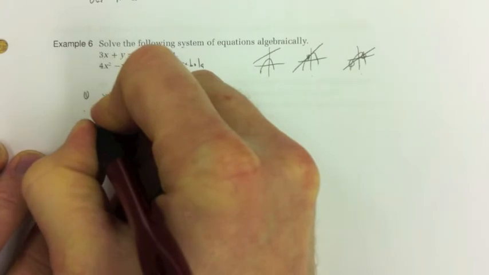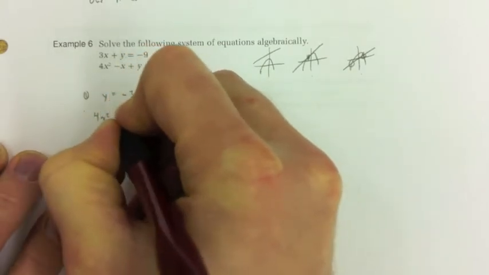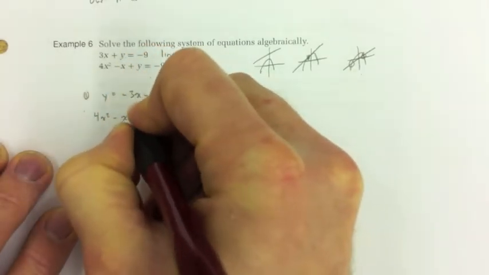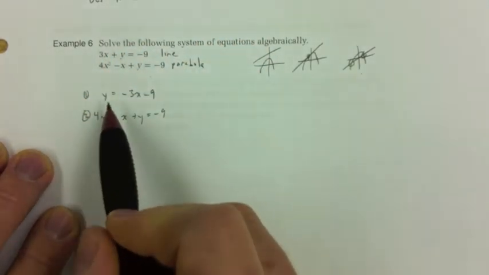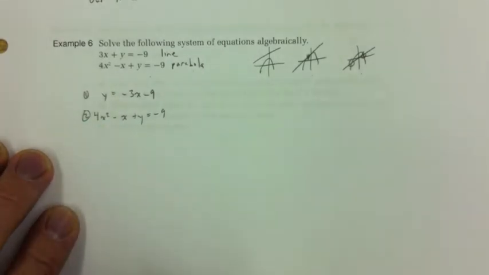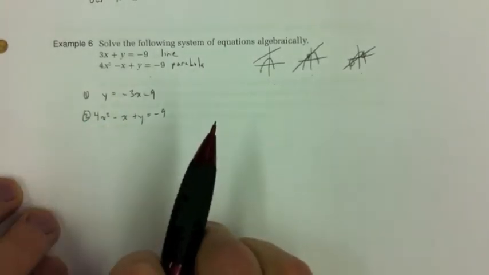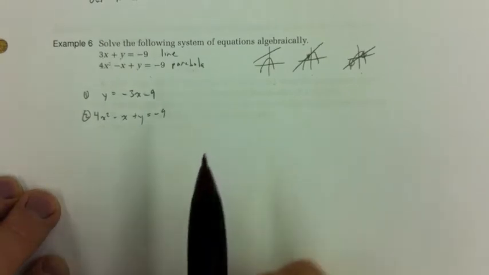And we're not going to do anything to our second equation, 4x squared minus x plus y equals negative 9. I always try to get into a habit of writing both equations down whenever I do my transformation.